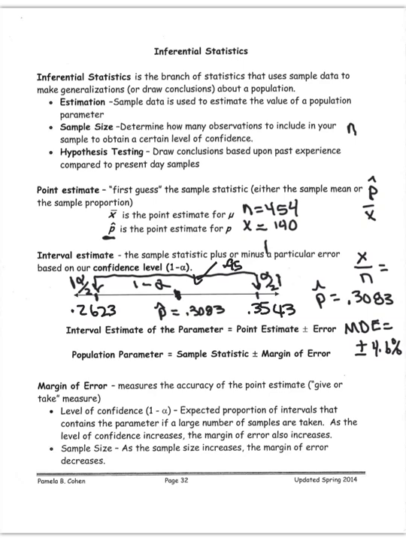When you take a sample and you extract data from it, it most likely isn't exactly the same as the population data, but that's why you have a point estimate, and then you have a range around it where you think that the real value lies.